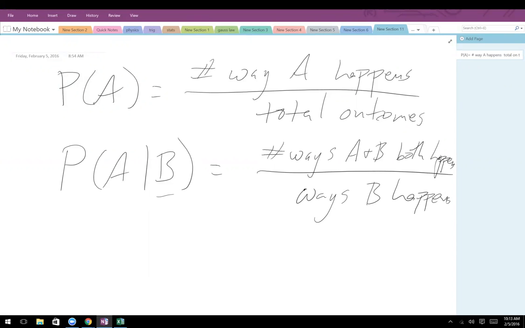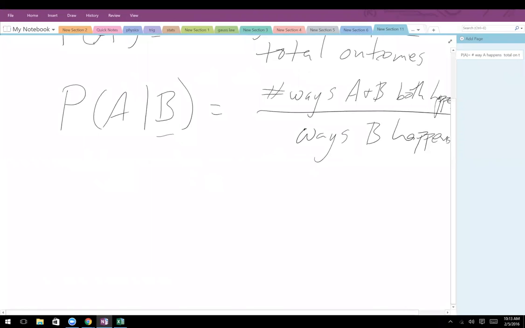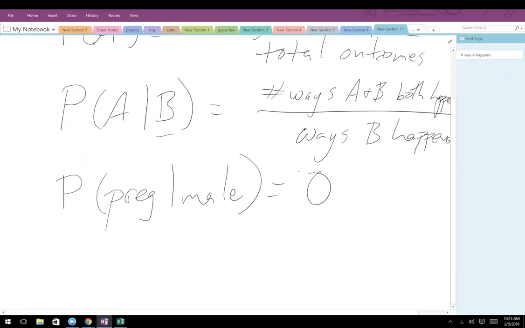Like for example, this was a silly example, but it was the first thing I thought of the other day. If you want to know the probability somebody is pregnant, I don't know what it is, but it's some number. But if you say, what's the probability someone's pregnant given that they're male? What do you think the answer is? 0. Right? Okay.